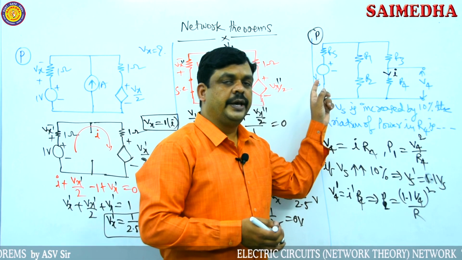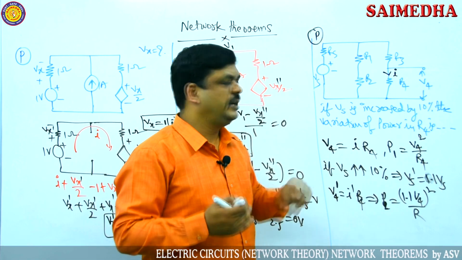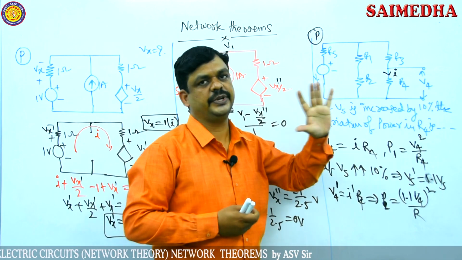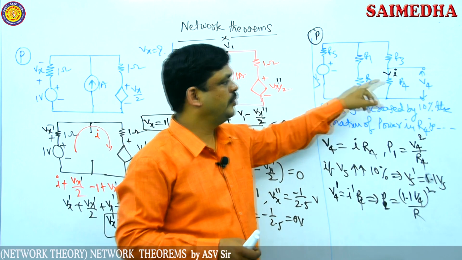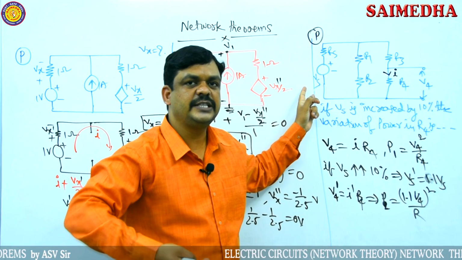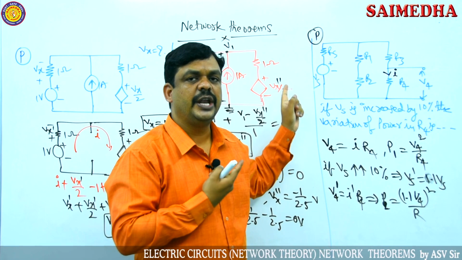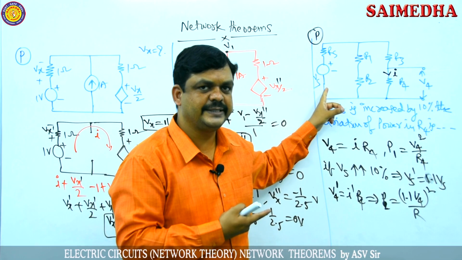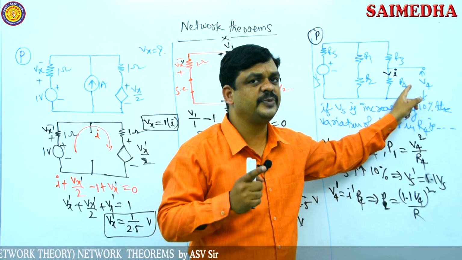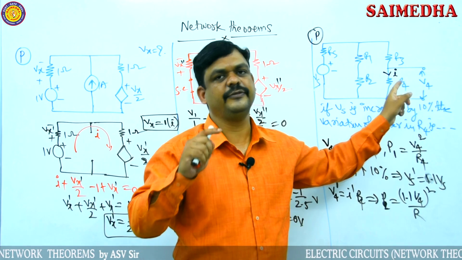See, if any constant multiplies the input, the same constant multiplies the output. Initially, with the Vs source, the voltage across the R4 resistor is V4. Now Vs is increased by 10%, meaning 1.1 into Vs, and the response also increases by 10%. That response becomes 1.1 V4.